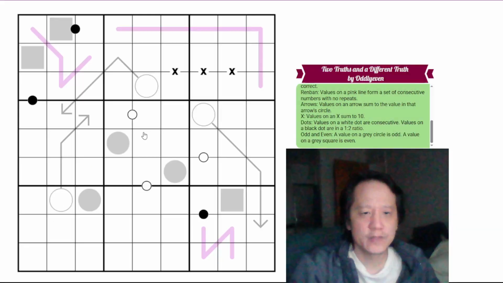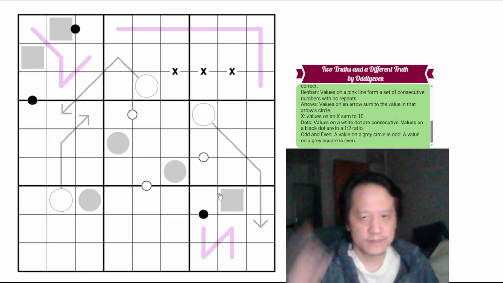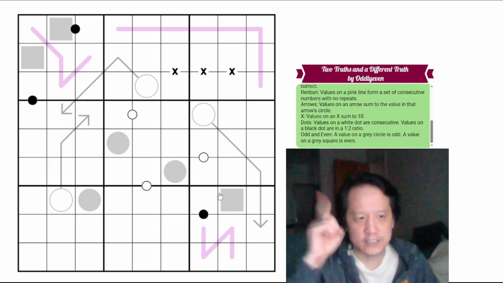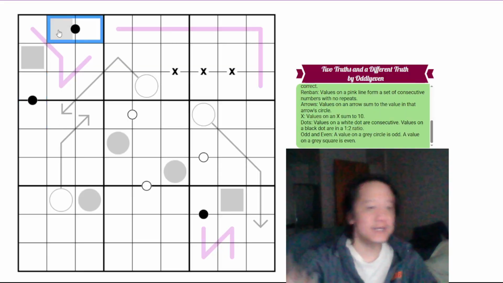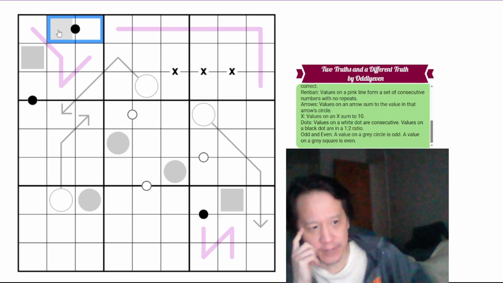Let's go. Okay. What I just thought of. The black dots are in a 1-to-2 ratio. But they have to be incorrect at some time.